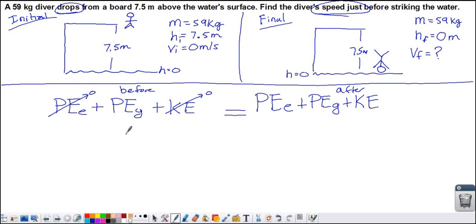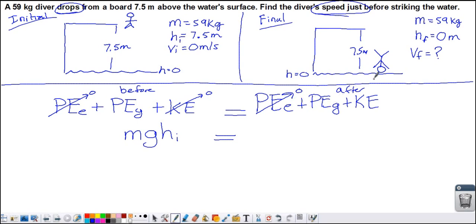If we look at our equation sheet, we see that that is mass times the gravitational field constant times the height. And I'm going to say the initial height because this is the before side. Afterwards? Well, they're not going to be compressing the stretchiness of this water down here. So there's no spring being stretched or compressed, so there's no elastic potential energy.